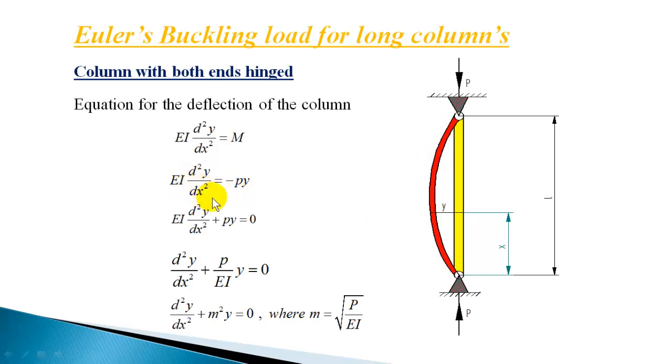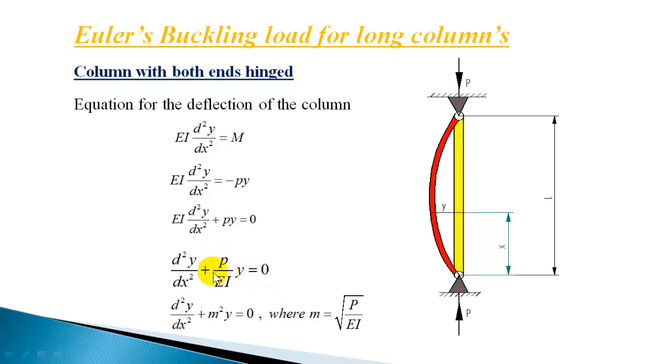We know EI d²y/dx² is equal to the bending moment, and the bending moment we have seen is minus Py. Taking that minus Py to the left hand side, you will get EI d²y/dx² plus Py is equal to 0. So you can divide this whole equation by EI, and you will get d²y/dx² plus P/EI y is equal to 0.